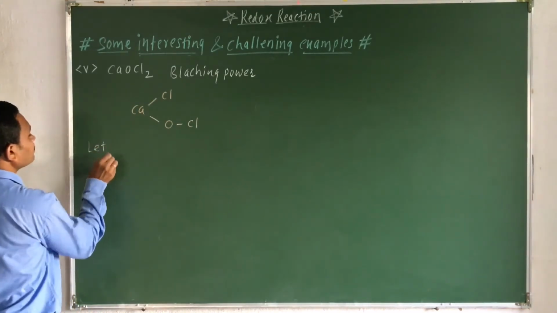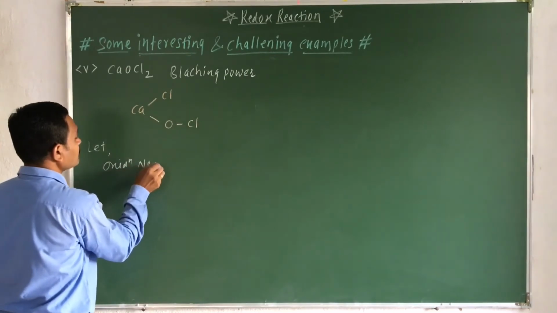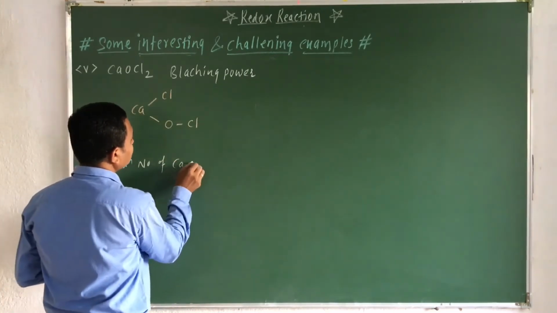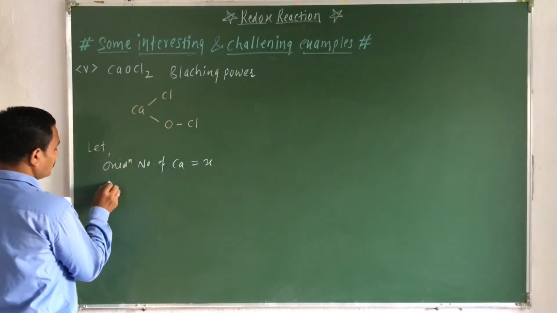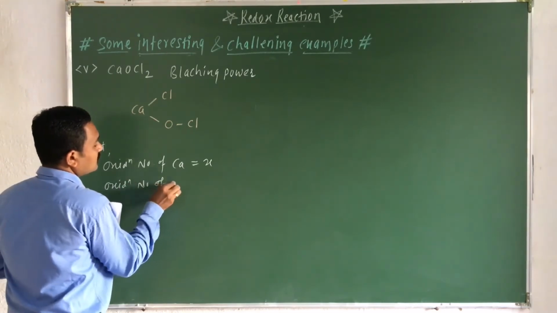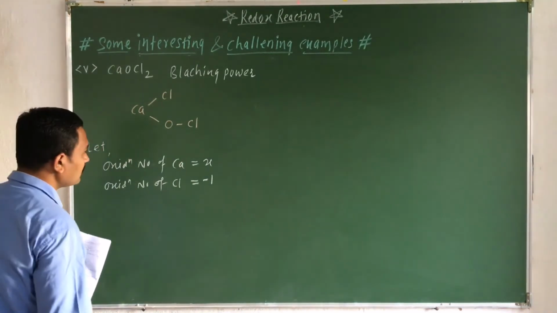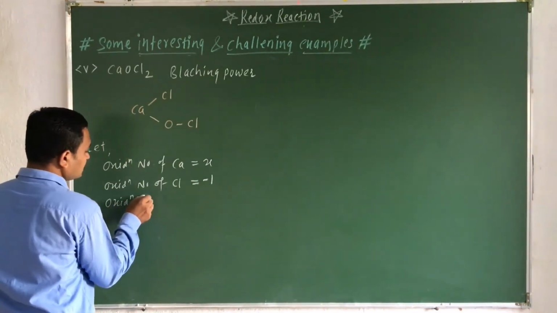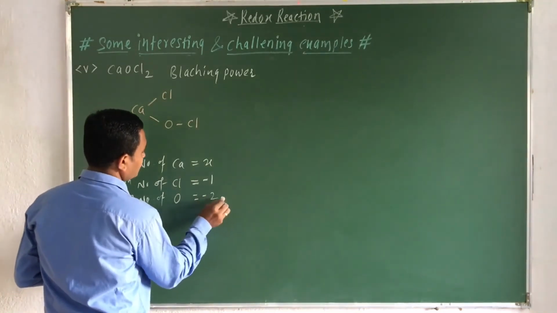Let the oxidation number of calcium equal X, then the oxidation number of chlorine, all halogens will have the oxidation number -1. The oxidation number of oxygen will be equal to -2.